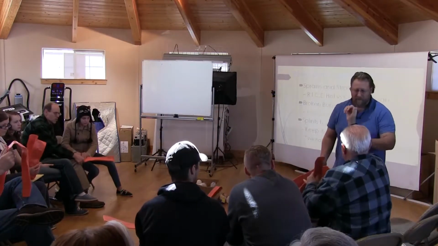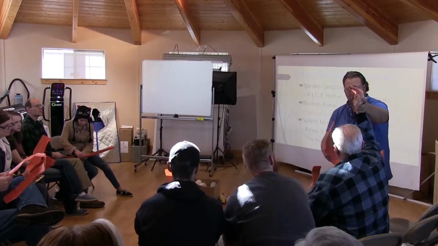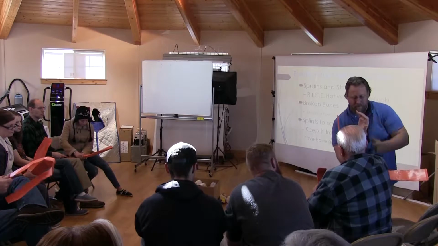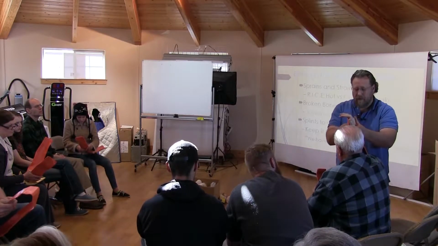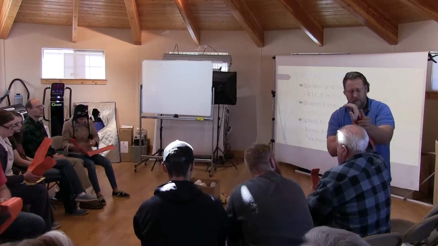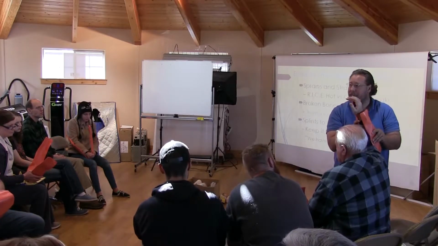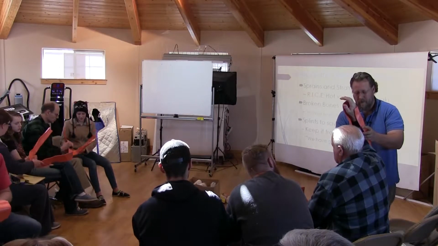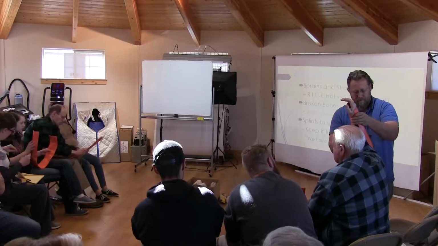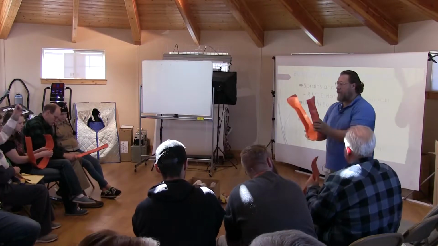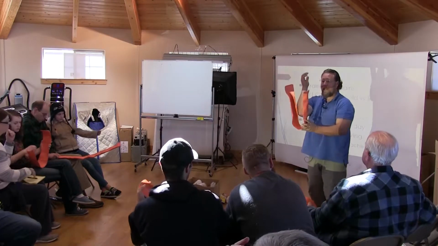Is take the arm that's not injured, bend the elbow, take this around it, and then squeeze and shape your foam to the arm that is not injured. Okay? And now you have this shape. And you put it around the arm that is injured.